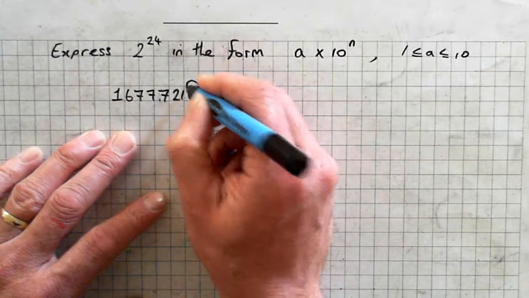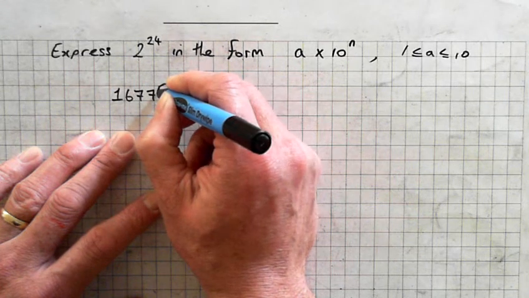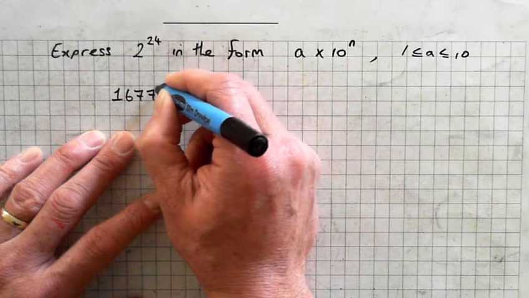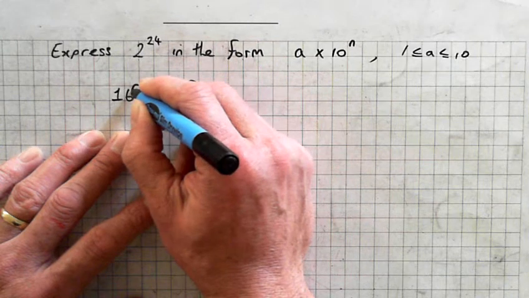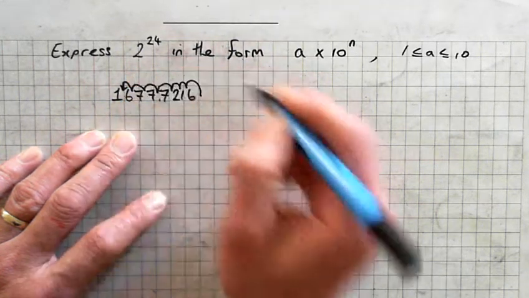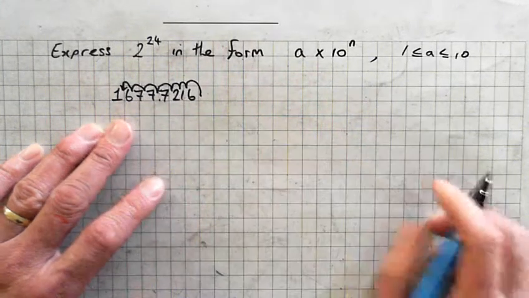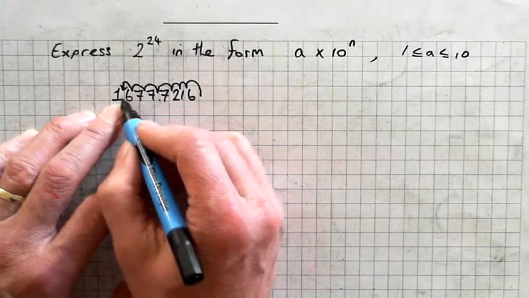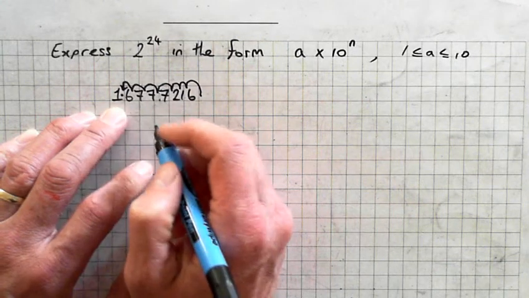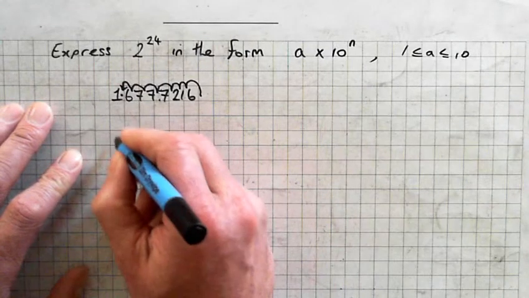So 1, 2, 3, 4, that's 1,677. 5, 6, that's 16. So 1, 2, 3, 4, 5, 6, 7 movements. So I've ended up with my decimal point at 1.6, and that is between 1 and 10.